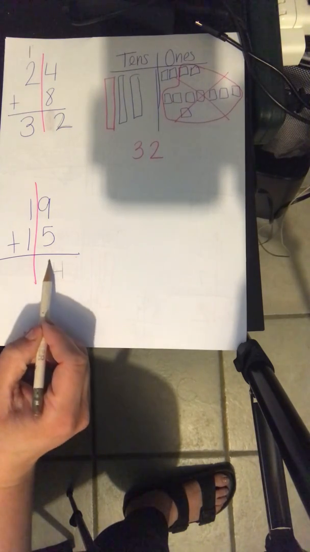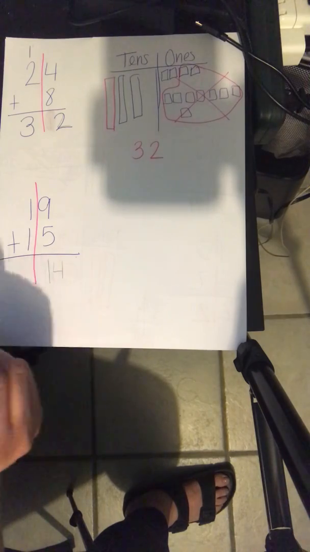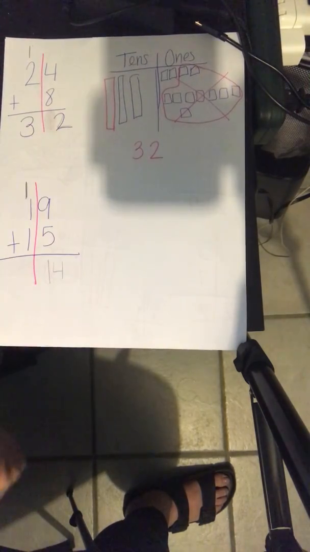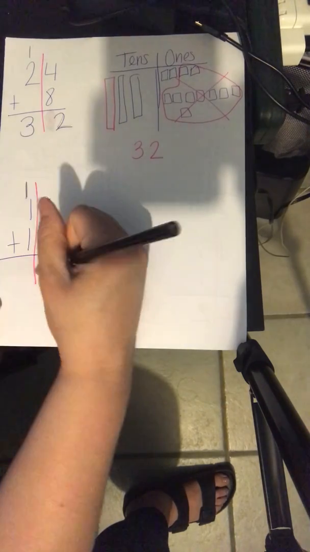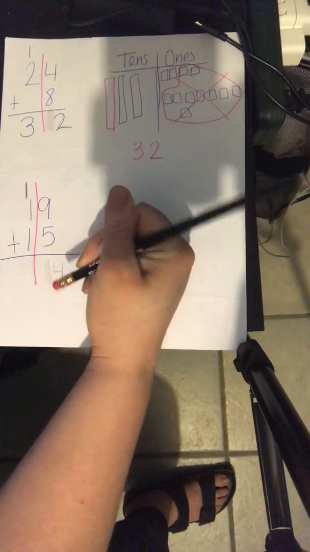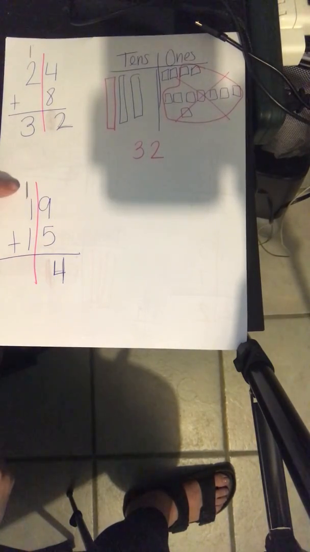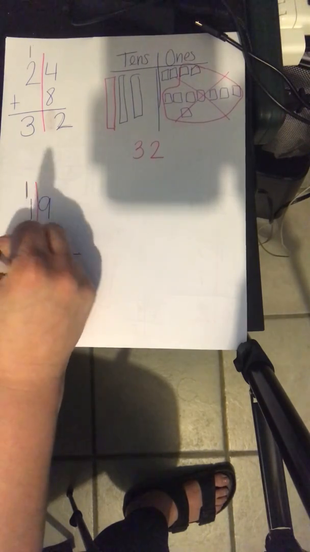So we know we can't keep a 10 in the ones column. We have to move it over here. So make sure you erase it over here when you move it. So we can keep our 4 there. Now we have 1 plus 1 plus 1 is 3.